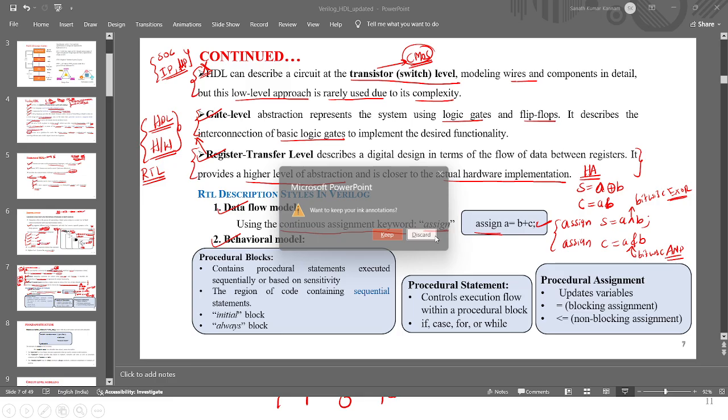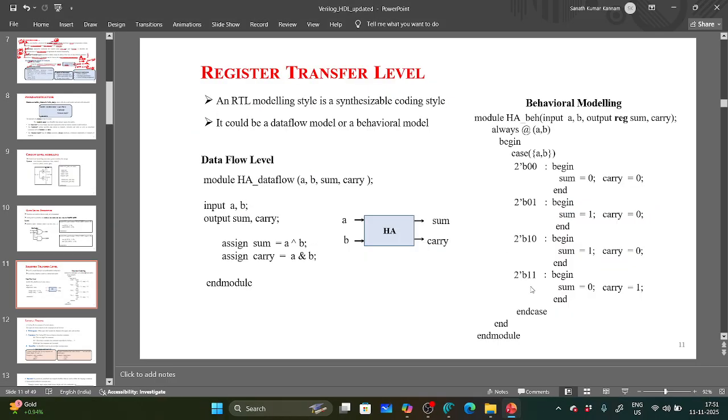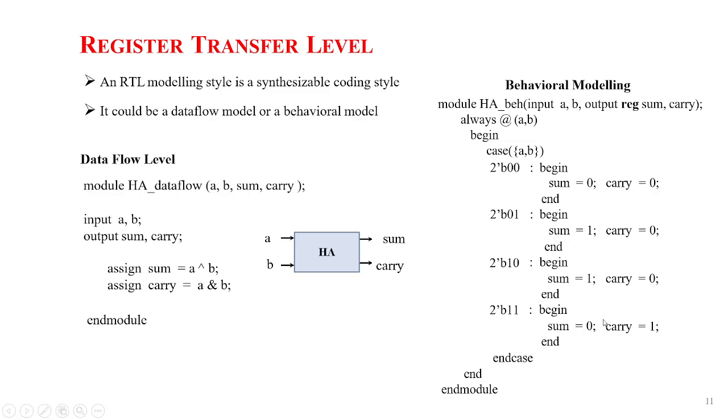And for the nets, what are these two others, wor and wand? Suppose you are declaring wire a. First you declare it, then assign a equal to 0. After that you assign a equal to 1.